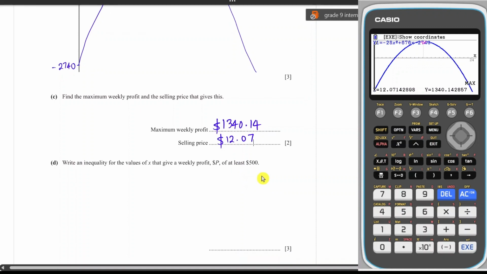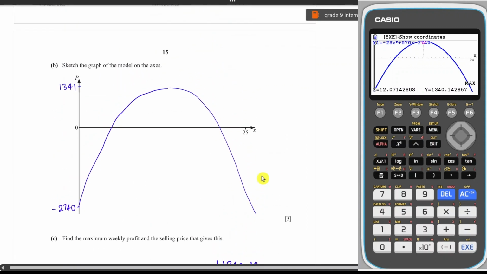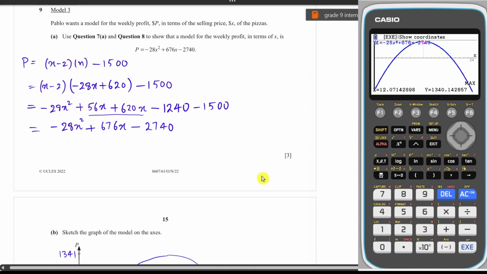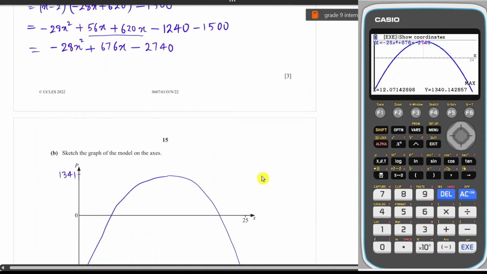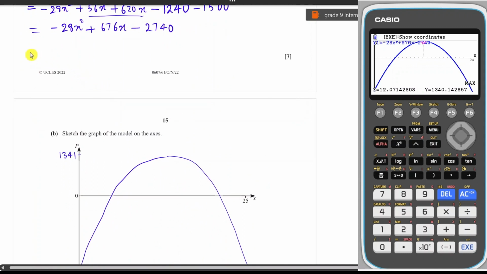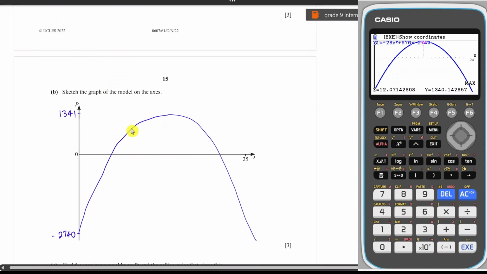So at least $500. So I just need to solve this inequality wherein simultaneously I need to solve this. So I just have to draw, maybe I can just draw 500 and just find out the intercept.